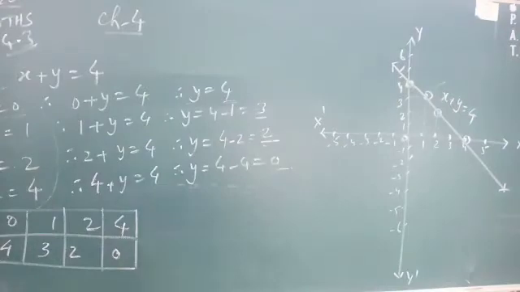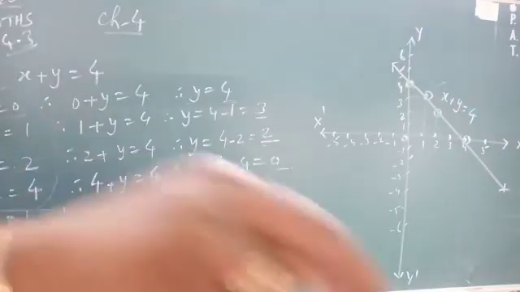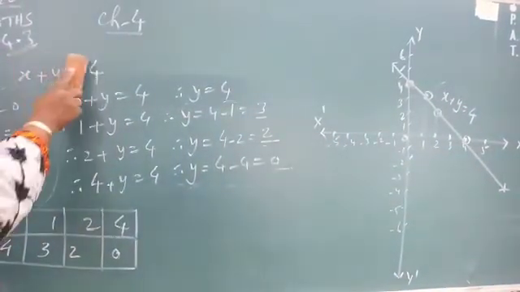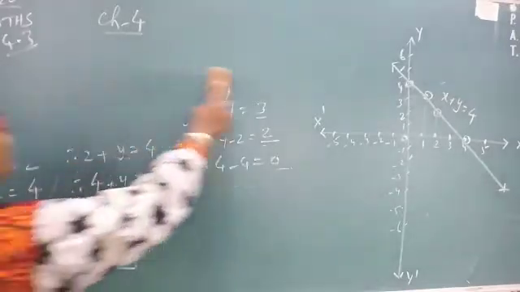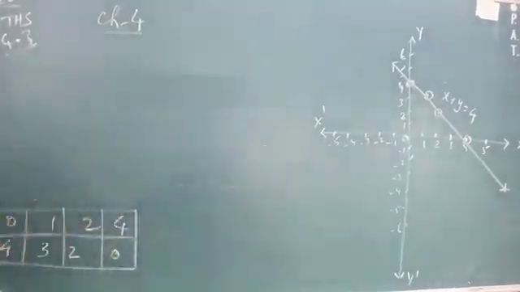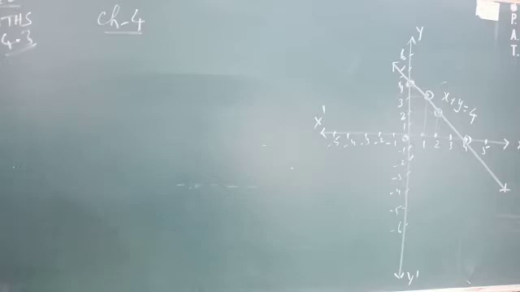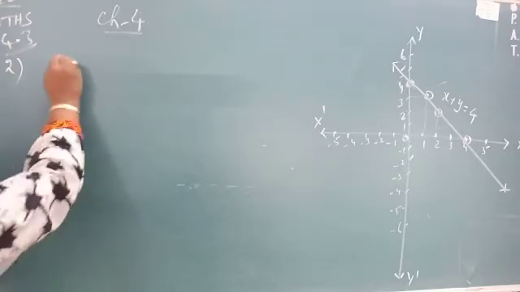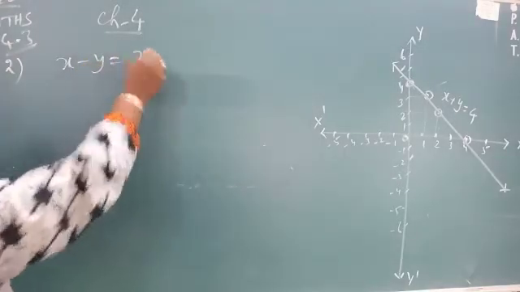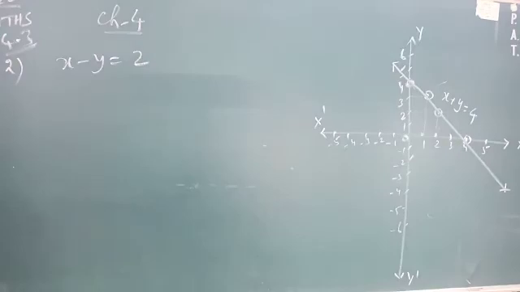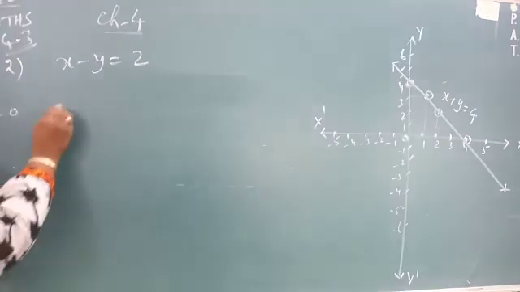Now, got it? Now we take the second question, question 2, that is x minus y is 2. Here, the same way, we take different values of x. Suppose we take x is equal to 0.